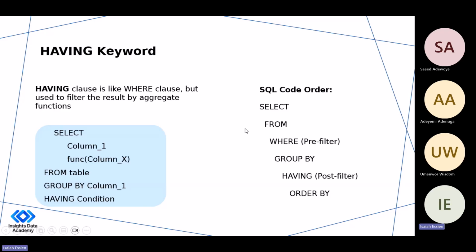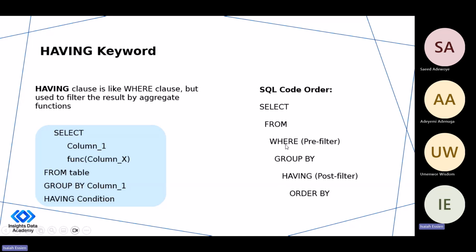So it's possible that in your query, you're able to combine all the keywords that we have mentioned so far in this Launchpad. We recall that Said had already covered SELECT, FROM, WHERE, GROUP BY, and ORDER BY. Now we're also talking about HAVING.